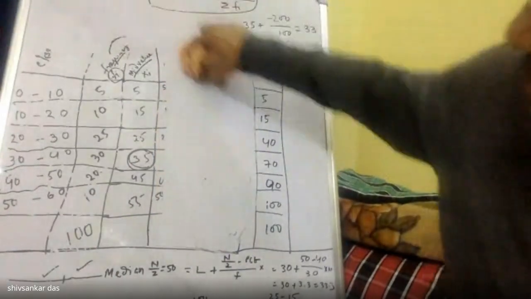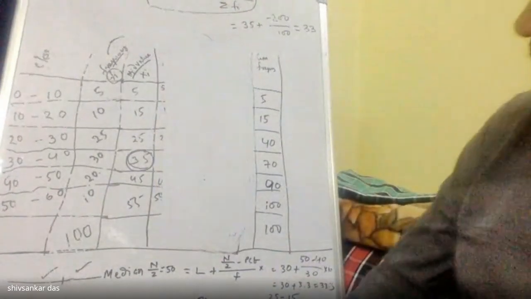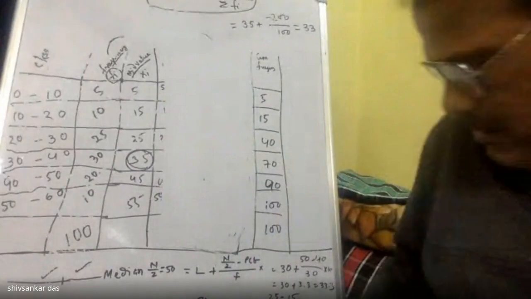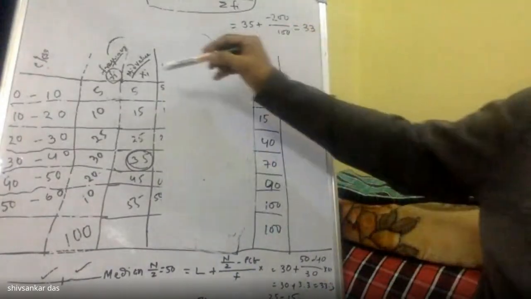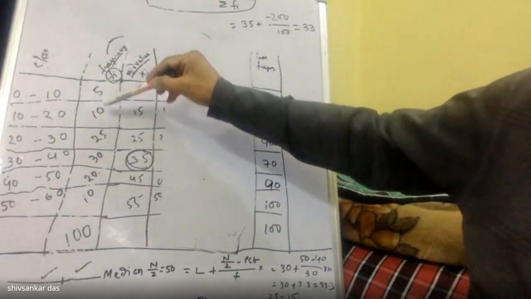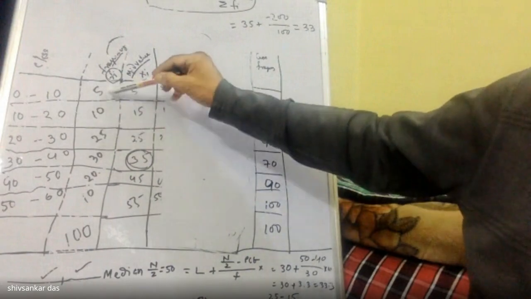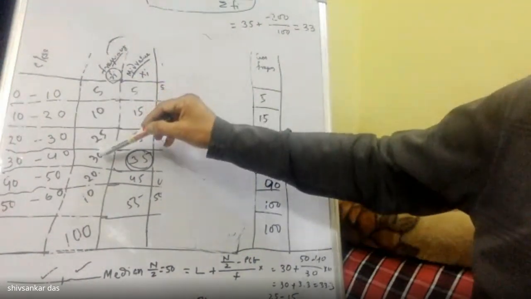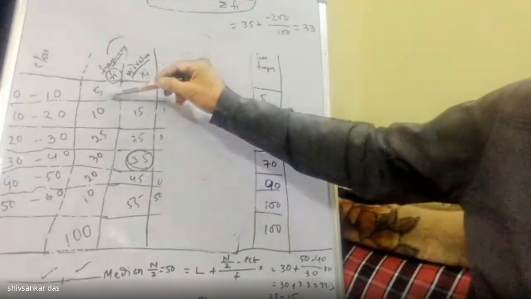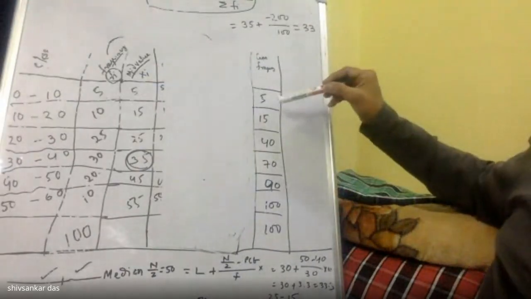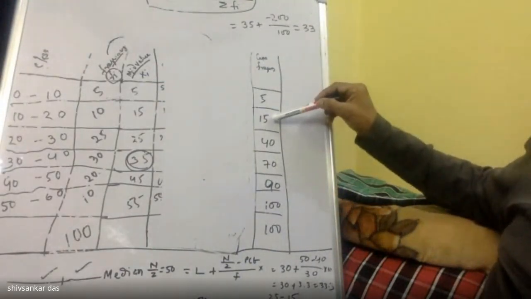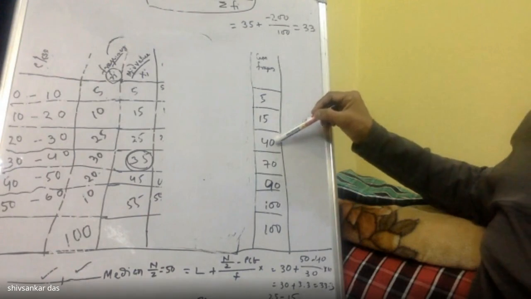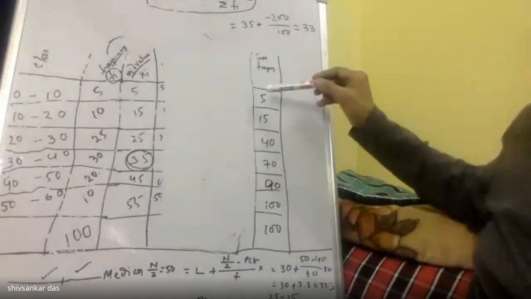For calculation of median, I have made cumulative frequency. Here is the frequency: 5, 10, 25, 30, 20, and 10. Cumulative frequency is 5. Next is 15, 40. How is it being calculated? Can somebody tell me?